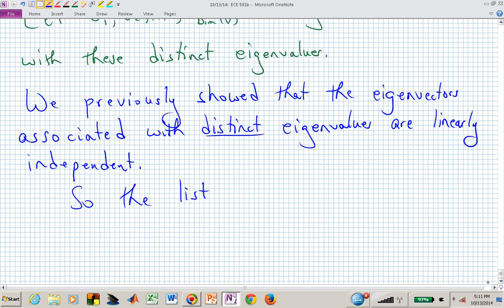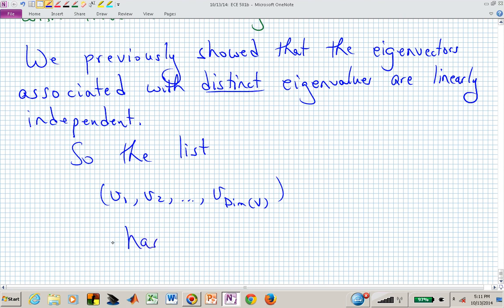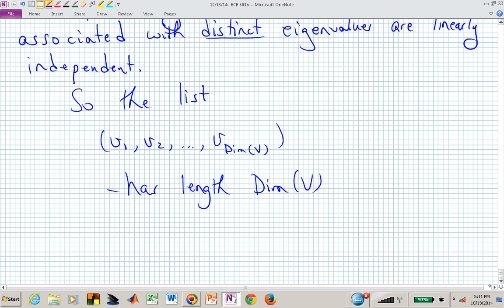Which now says this list, V1, V2, up to V of dimension capital V, that's our list, has length dimension V, and is linearly independent.